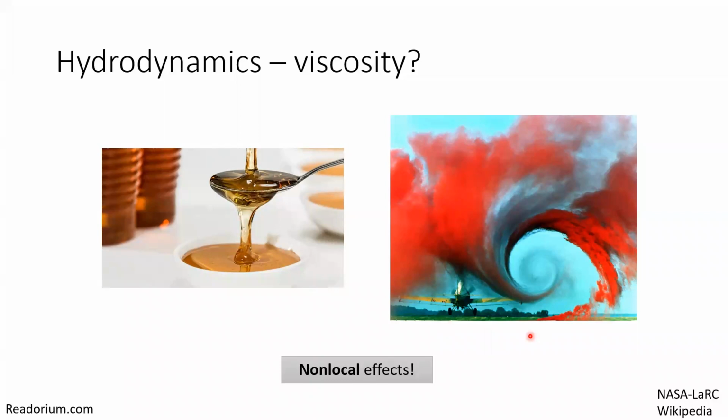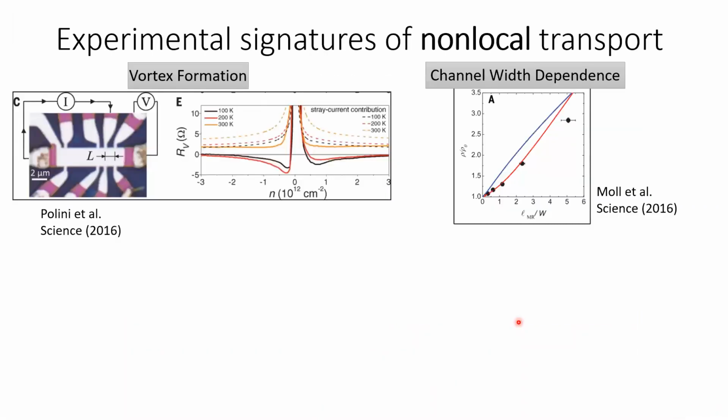Or if you look at air behind the wing of an airplane, you can generate vortical shapes. What has made this field particularly exciting recently is the fact that some of these classical striking examples of non-local transport behavior have begun to be measured in electron hydrodynamics experiments.